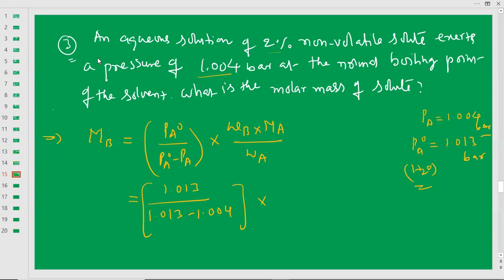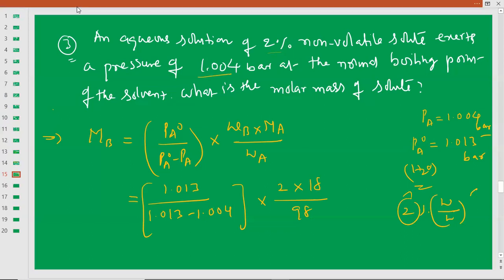The weight of solute you can take as 2 grams, into MA, the molar mass of water, which is 18, divided by WA, the weight of water, which you can consider as 98, because 2% means weight by weight. So 2 grams of solute is present and the remaining 98 grams is water. Okay, so I have taken this value.